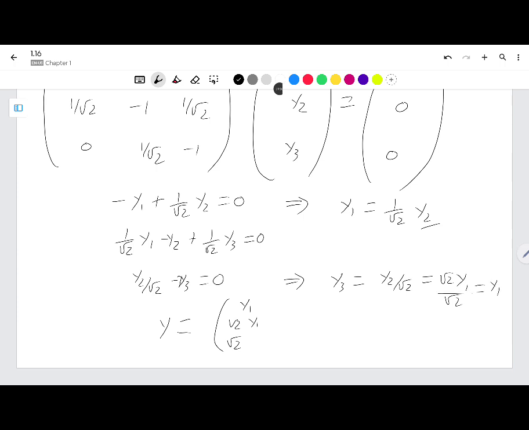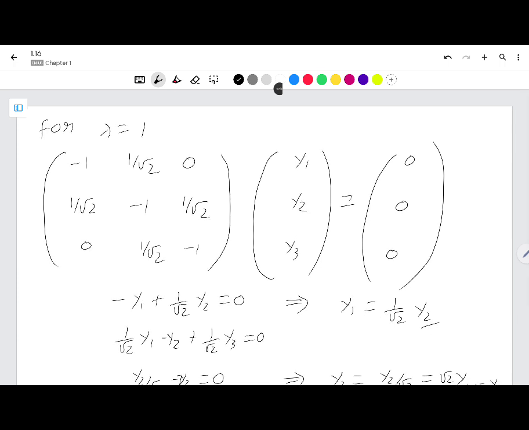So y3 is just y1. Again, all the possible values of y1 one can take, and all the vectors will be eigenvectors for lambda equal to 1.